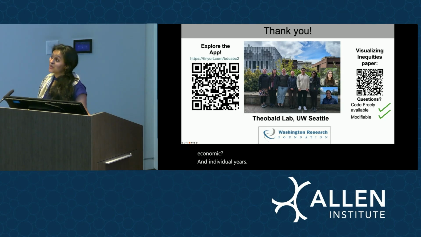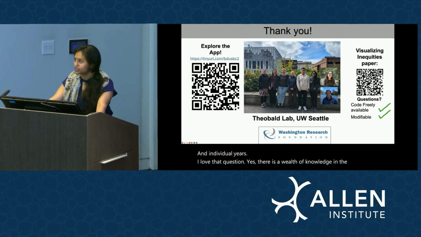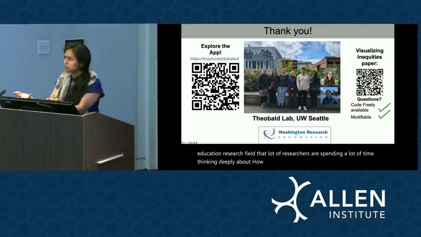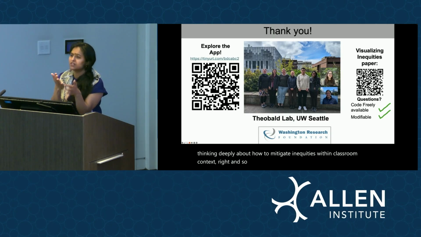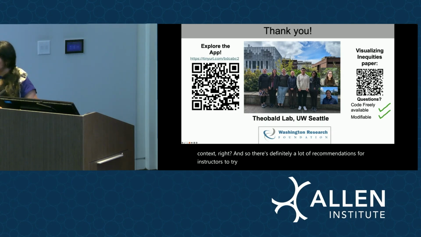I love that question. Yes, there is a wealth of knowledge in the biology education research field that a lot of researchers are spending a lot of time thinking deeply about how to mitigate inequities within classroom context. So there's definitely a lot of recommendations for instructors to try out new things, and I think all of this comes down to trial and error.